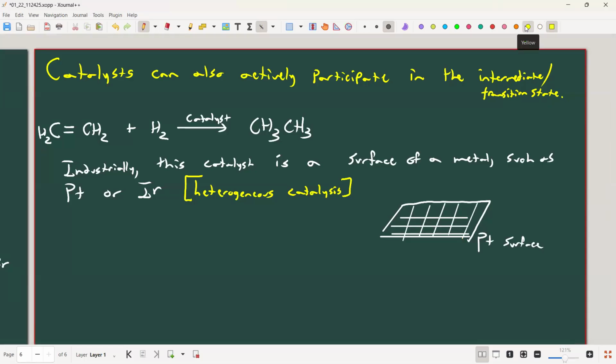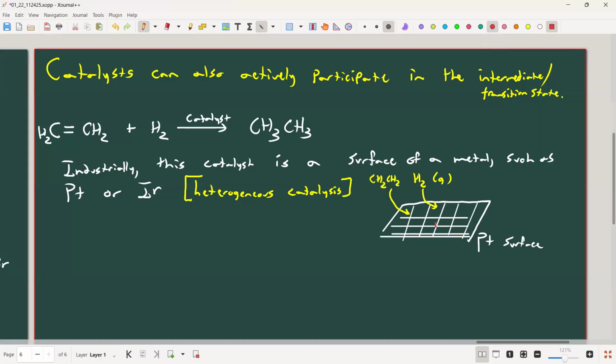We flow ethylene gas over this surface, and it chemisorbs, it adsorbs to the surface. You form these little CH2 bonds in the middle, and you form some hydrogen atoms from the H2 here. And then everything recombines to form CH3.